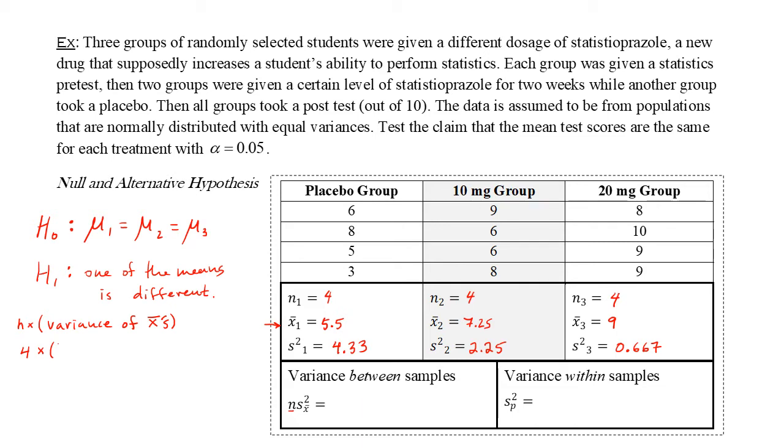In other words, take the mean of the three numbers, subtract each of the numbers from the mean, square the difference, and divide by n minus 1. In this case, there's 3, so it would be 2. When you do that, you get something around 3.0625. So that would be what we get here for the variance between the samples. So 12.25 when we compute that.